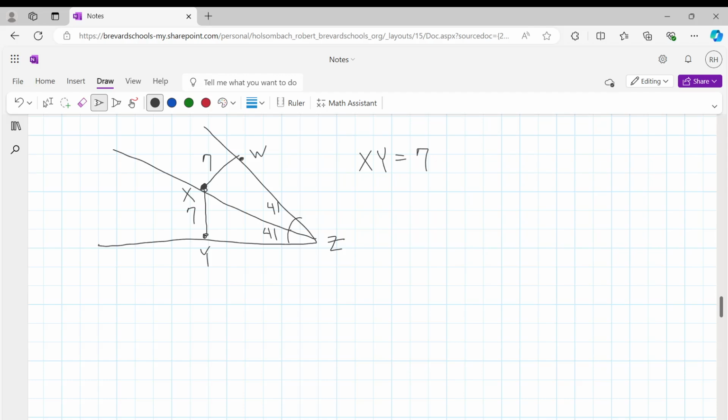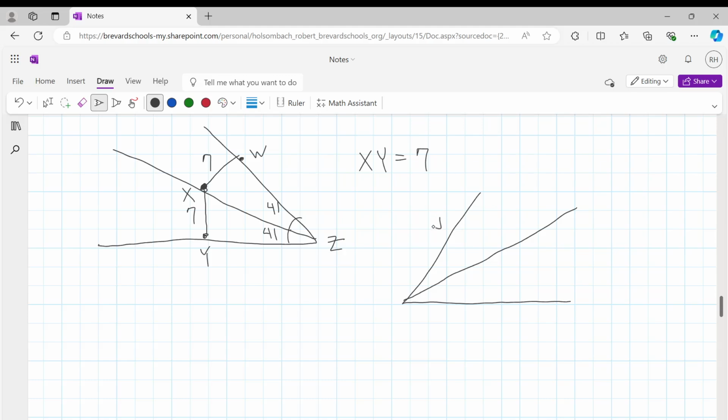Example 3B, we got this look. And now, here's how you're given the information.